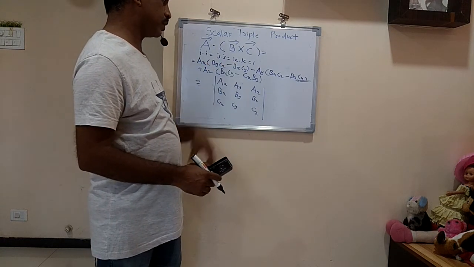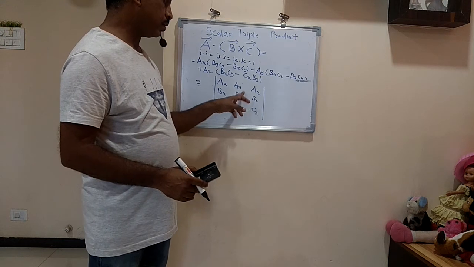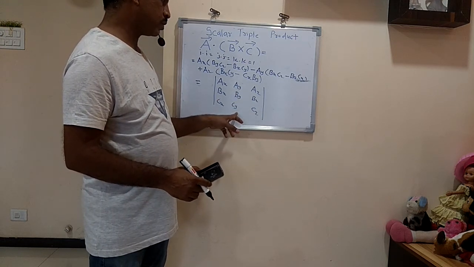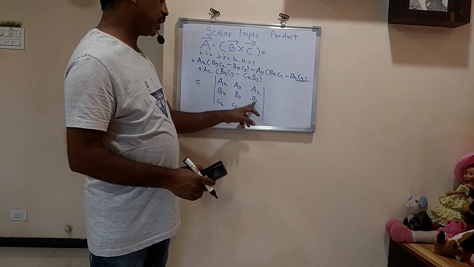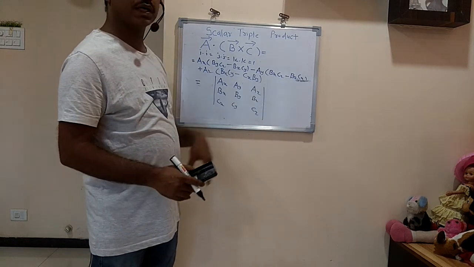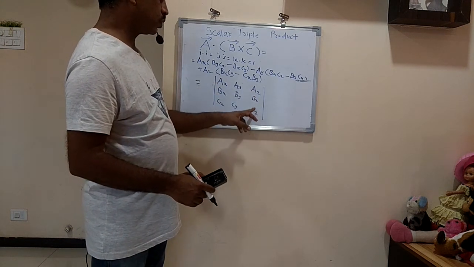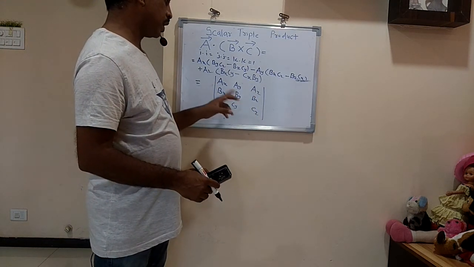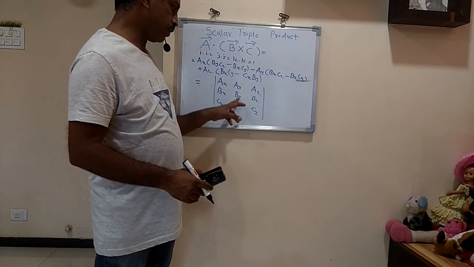Then minus ay, neglect the terms below, take the cross multiplication bx cz minus bz cx, which gives the second term. For the third term, az, again don't consider the terms below and take the cross multiplication bx cy minus by cx.